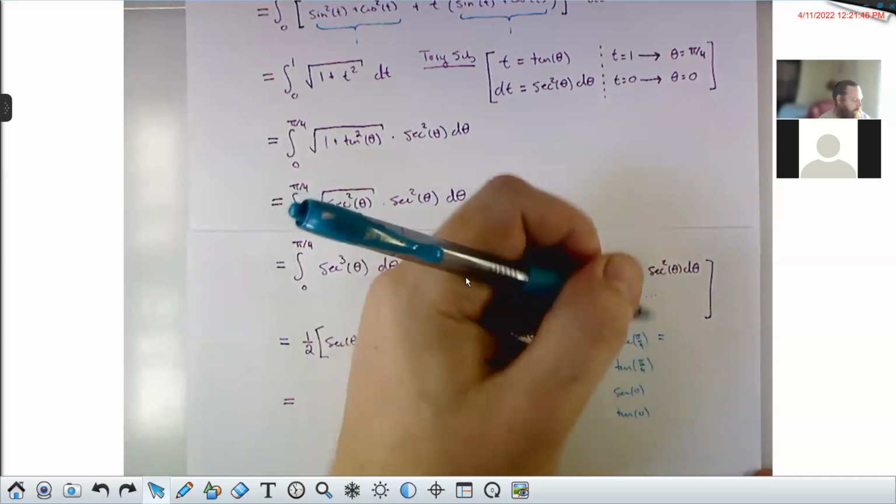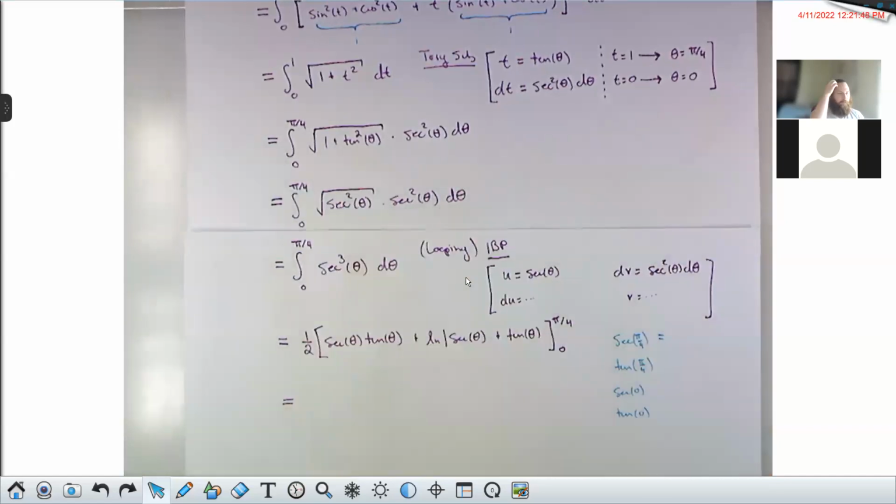So one at a time. What is the secant of pi over 4? Square root of 2. Yeah, it's the square root of 2.